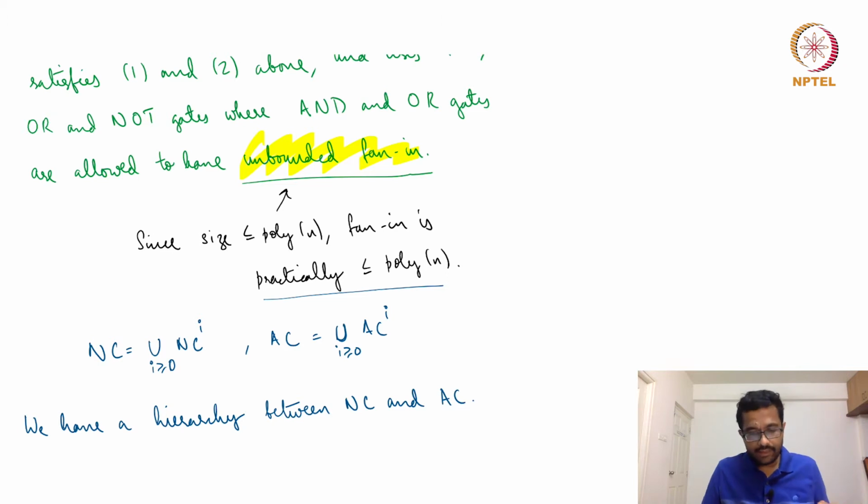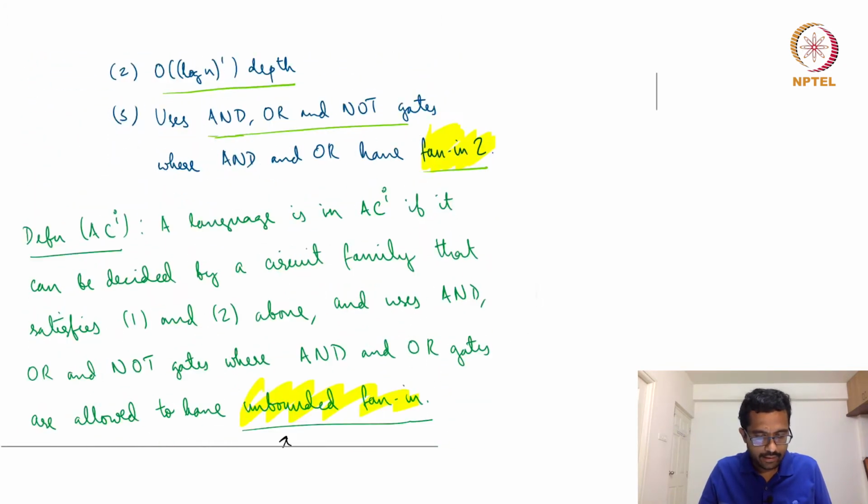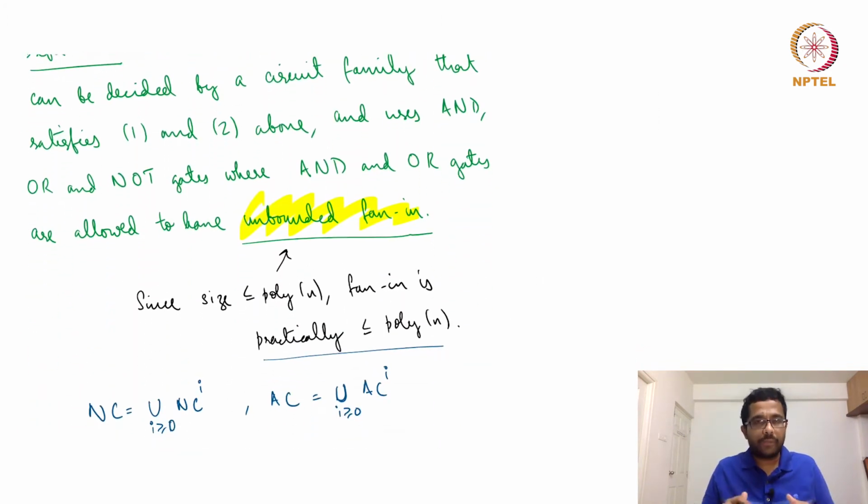So now let's see. This is AC^i and NC^i, both of which have polynomial size, (log n)^i depth, and consist of AND gates, OR gates and NOT gates.